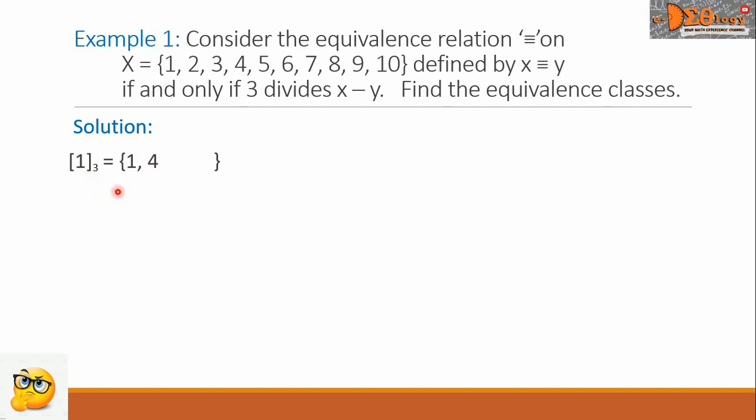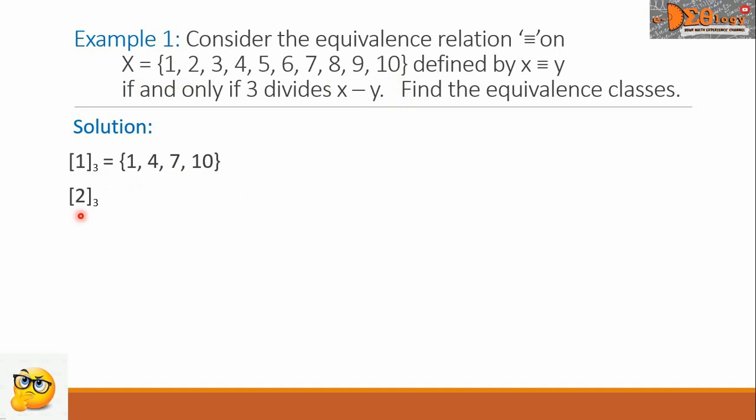Next, 4 plus 3 equals 7. 7 plus 3 is 10. If we add 10 plus 3, the sum is 13, but that is out of the range of the set. So the elements of our equivalence class of 1 are 1, 4, 7, and 10.